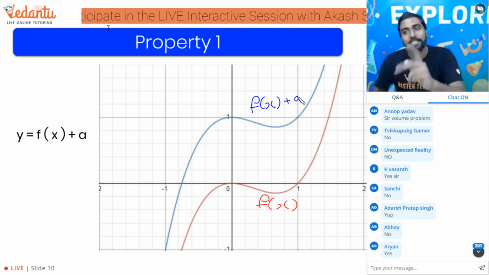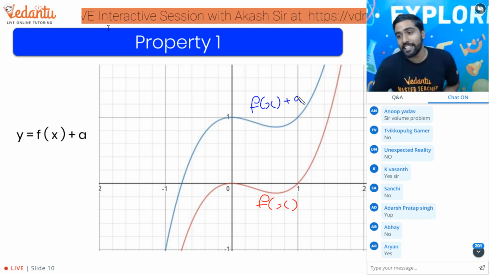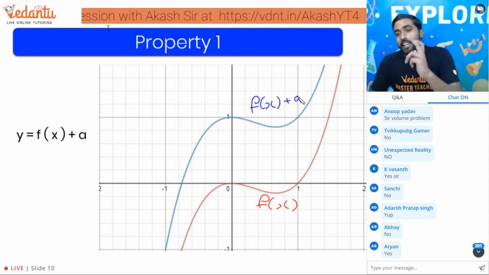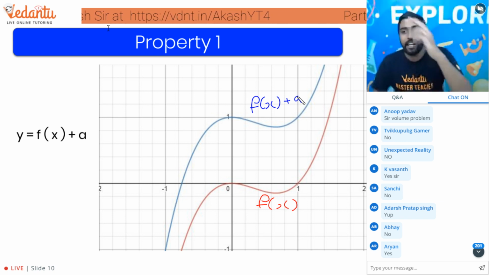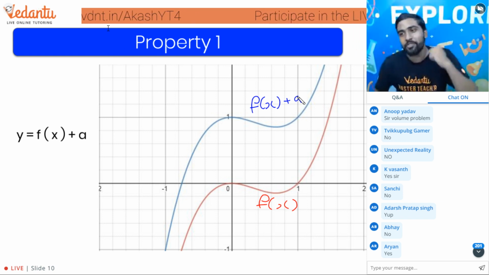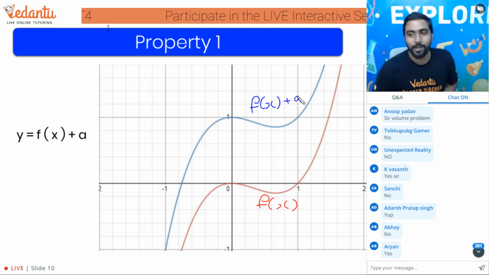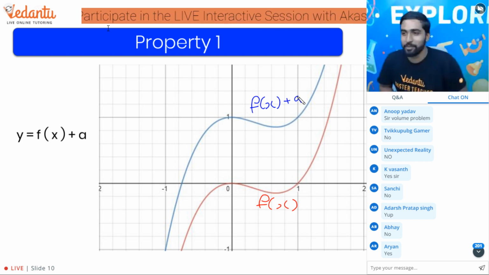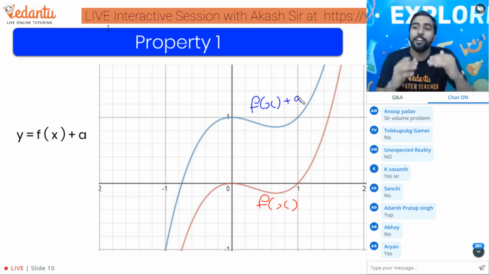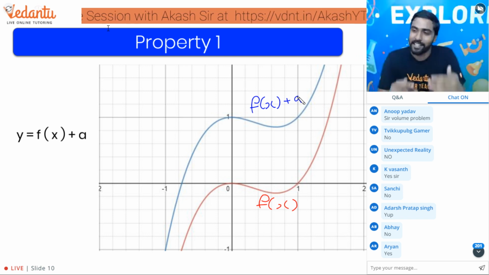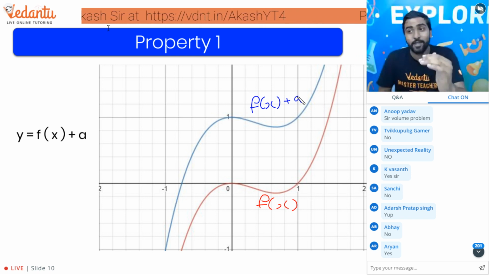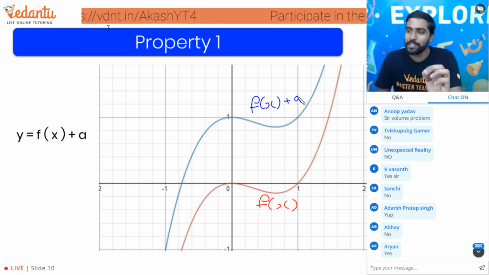So that means a is positive. That is the only reason why f of x plus a was upwards. Then f of x minus a has to lie downwards. You should have taken a hint from the first question. I should have mentioned that a is positive, but since you had a hint from that question, you should have known that.